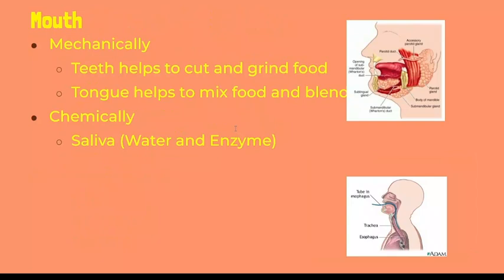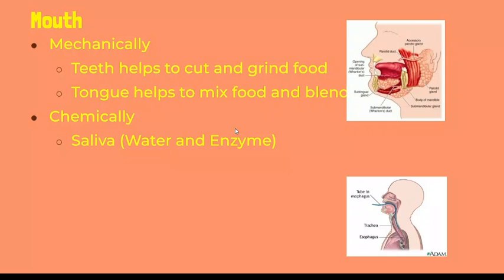First, we have the mouth. The mouth mechanically breaks down food as our teeth are cutting and grinding. We've gotten a lot worse at this because evolution has told us, hey, we've got forks now, so let's not use our teeth that much and look like an animal. However, we're also chemically breaking food down at the same time.